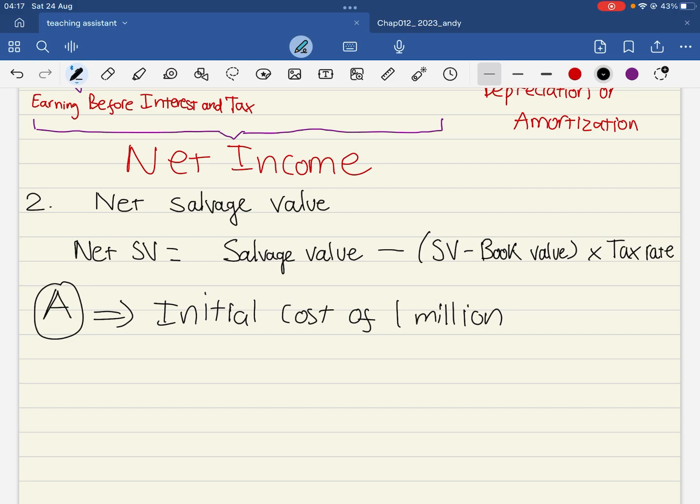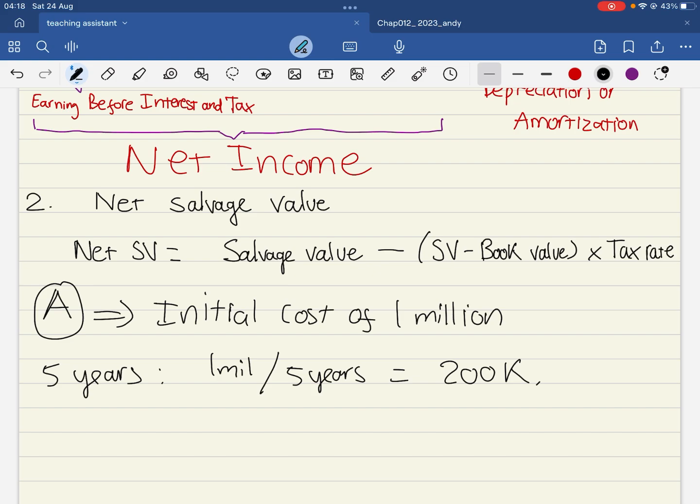And this will be depreciated over 5 years with the straight-line method. This means that every year this asset A will depreciate by the same amount of money over the 5 years. What do I mean by depreciating by the same amount? $1 million divided by 5 years is equal to $200,000.